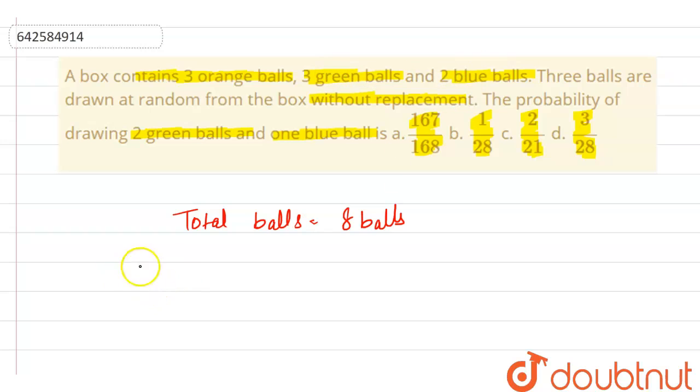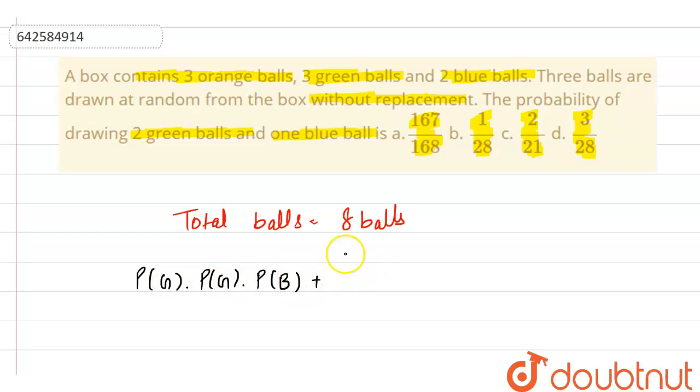So we can write here, let the probability of the first one be a green ball, then the second one is again a green ball, and then the third one is a blue ball. As we are drawing 2 green balls and 1 blue ball, the first one is green, the second one is green, and the third one is blue.